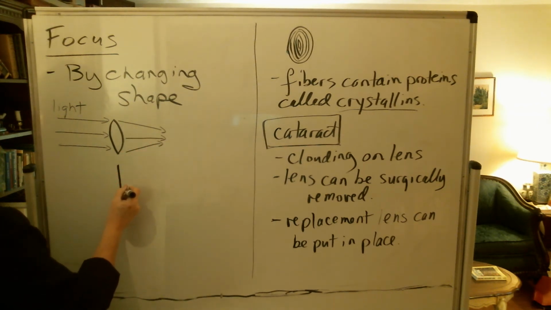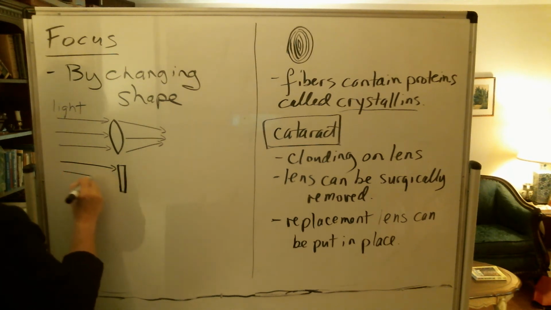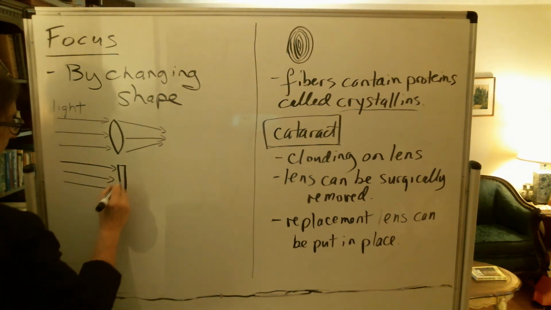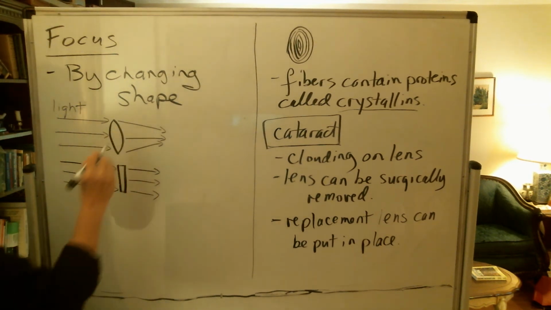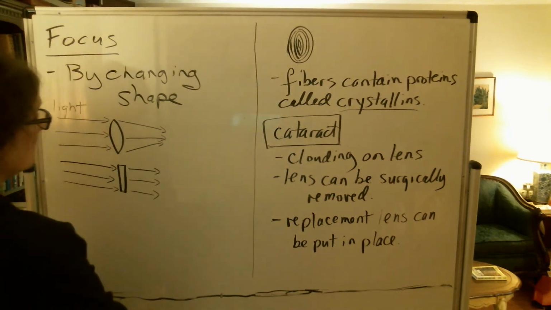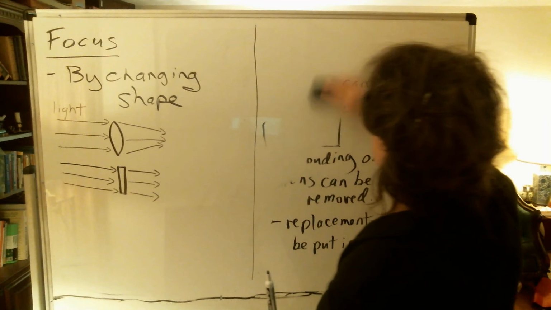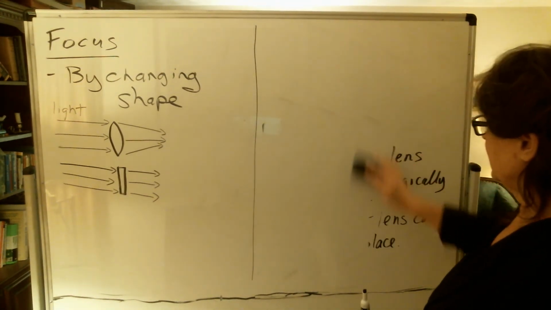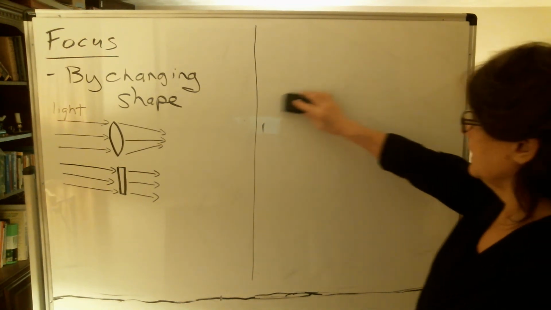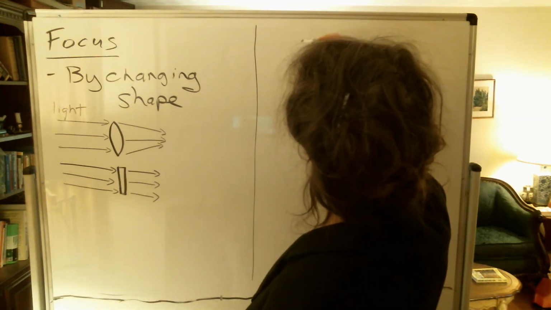If you just had a flat piece of glass, like you have in your window, if it's really truly flat, that light will just go through straight. But with a biconvex lens, it goes through and gets bent a little bit. And the extent to which the lens is rounded is the extent to which the light rays get bent, and that will change the focus.